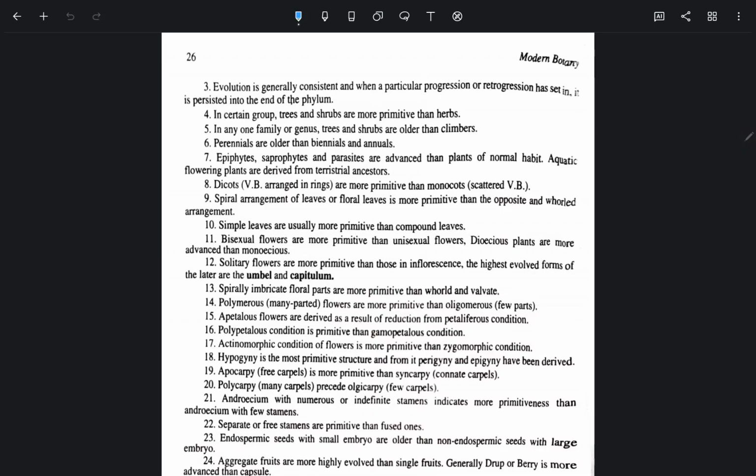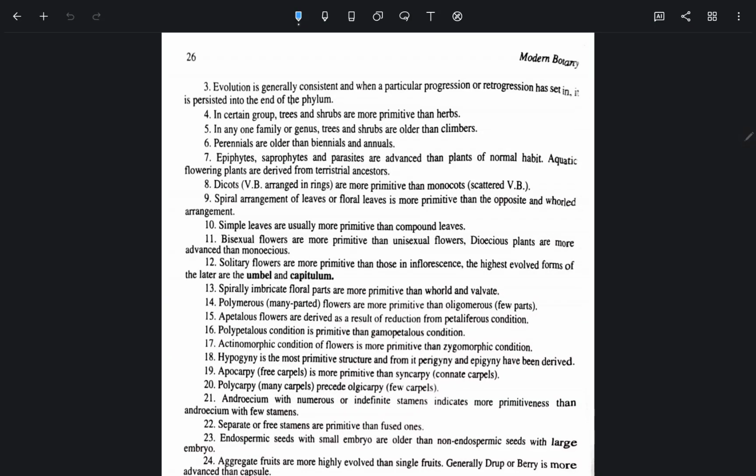Epiphytes, saprophytes, and parasites are more advanced than plants of normal habit. Aquatic flowering plants are derived from terrestrial ancestors. Dicots, with vascular bundles arranged in rings, are more primitive than monocots with scattered vascular bundles.